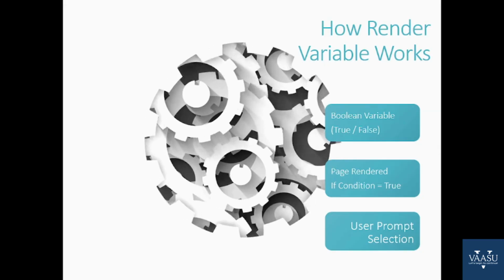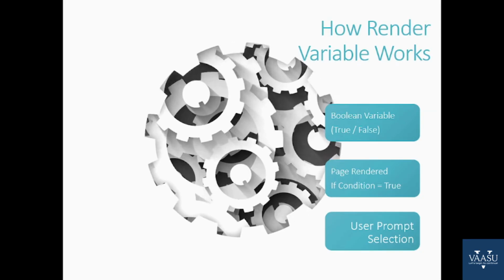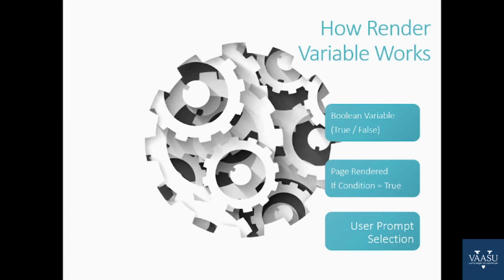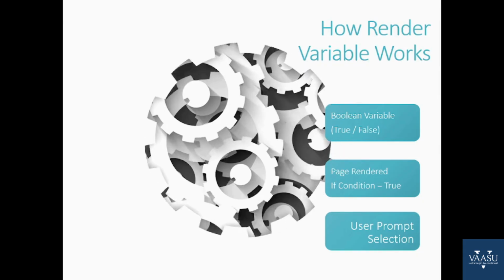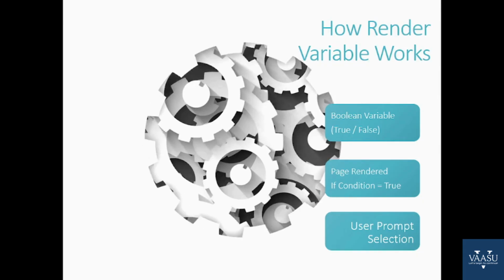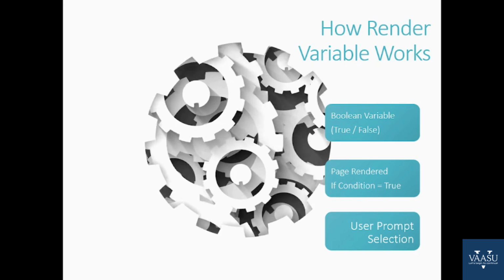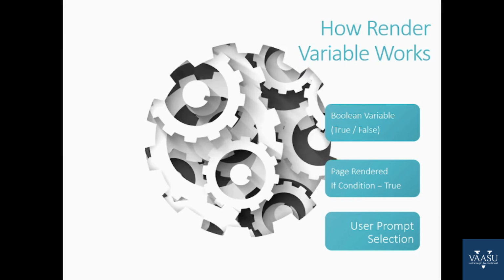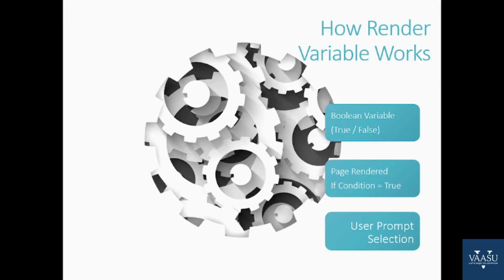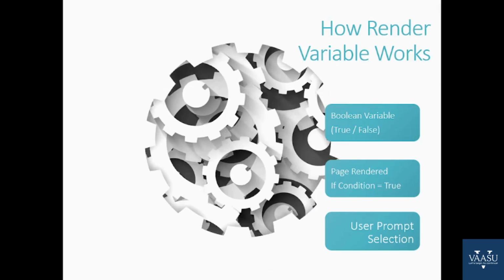Third, the Boolean variable evaluates the condition. And the fourth step, the page renders if true. This complete process happens at the layout level, not at the database level. Your data is not impacted at any level.